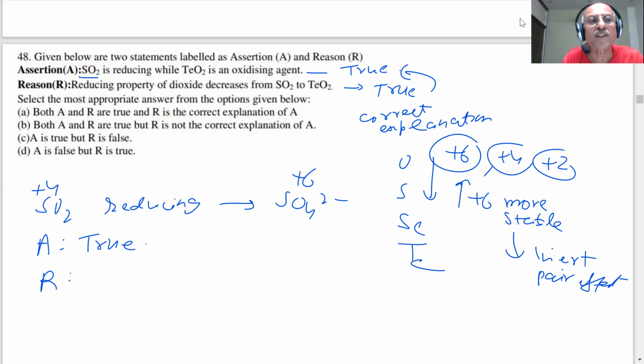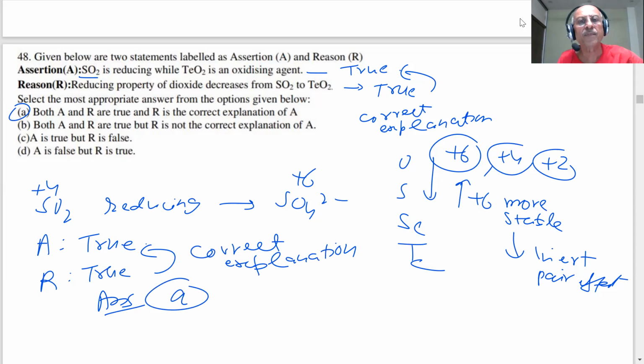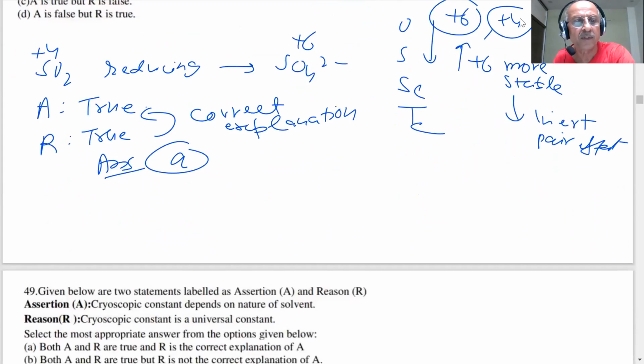The reason is the correct explanation of the assertion. Therefore, the answer is, student, A. Both A and R are true. R is the correct explanation of the assertion.